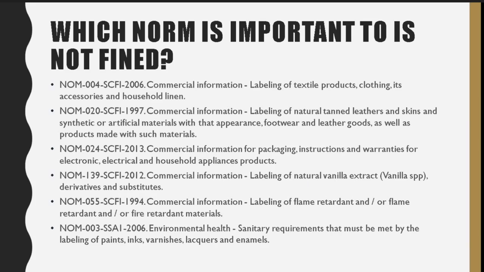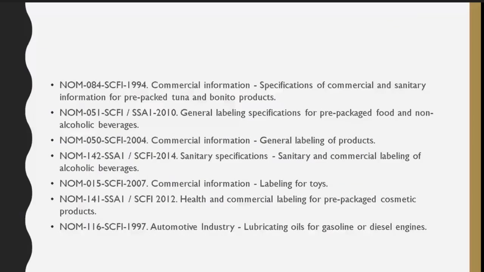We can see a lot of rules for the commercial. For example, the norm 003 is according to environmental health. Okay, it is for medicine or alimentation. Okay. Here we can see the other rules.